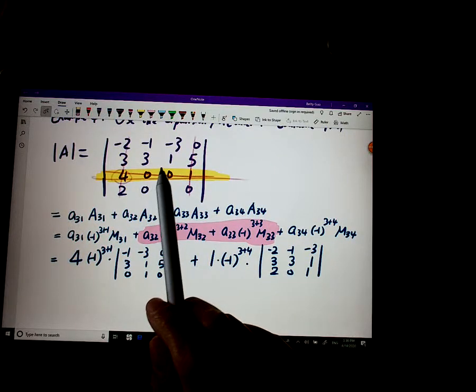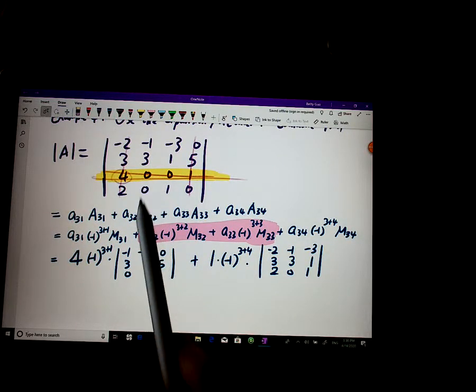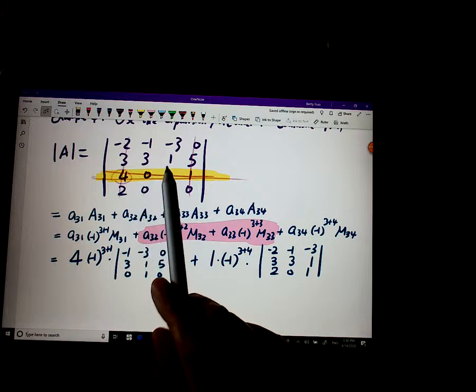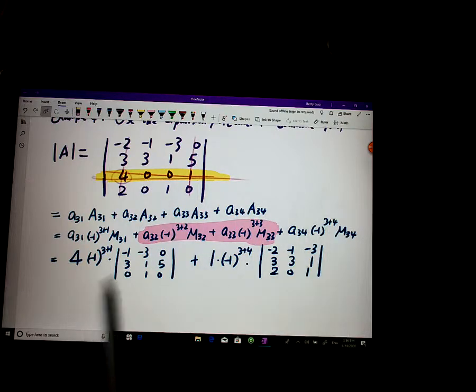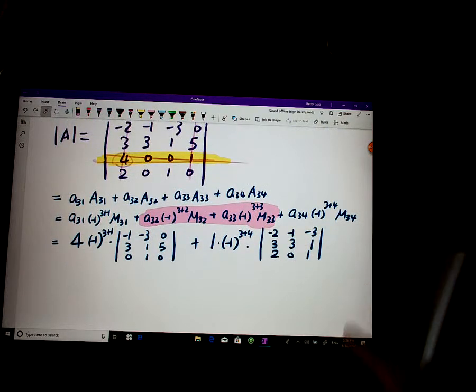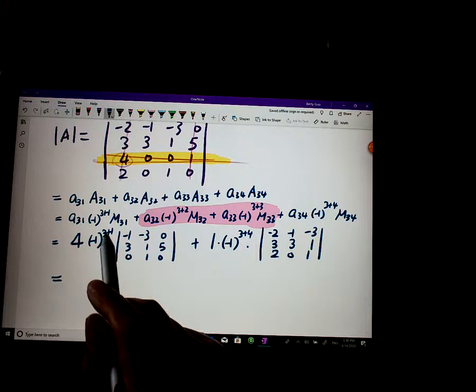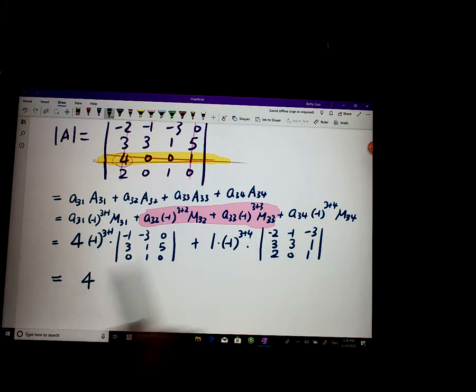Originally, we needed to evaluate one 4 by 4 determinant. By the expansion method, we have two 3 by 3 determinants. Of course, a 3 by 3 determinant is easier to evaluate. So this is going to be positive 4.